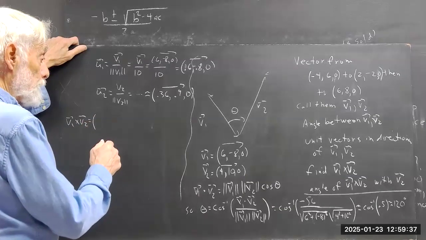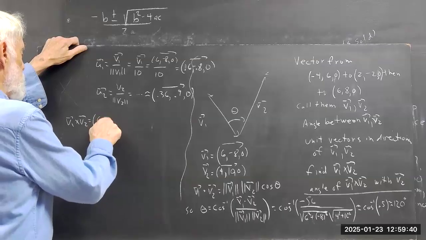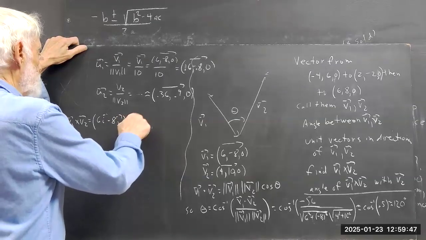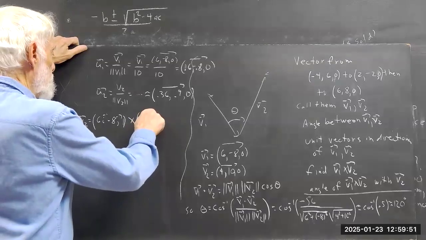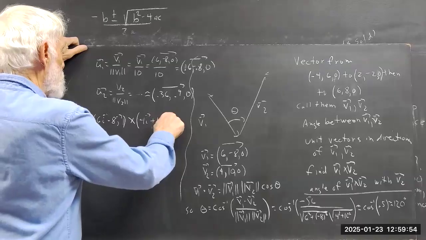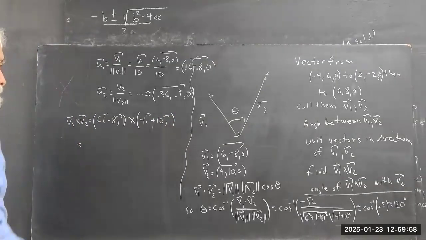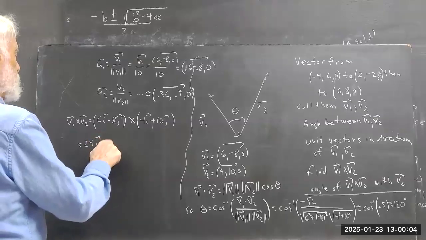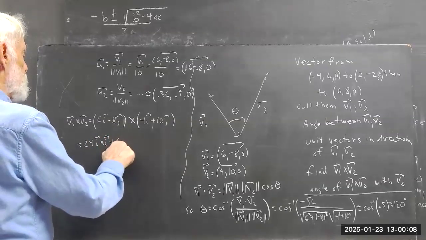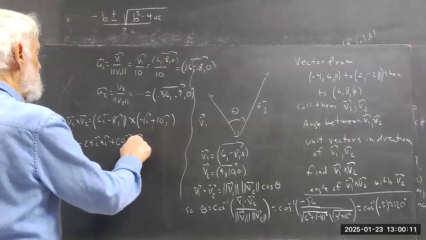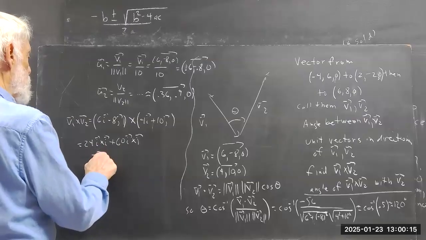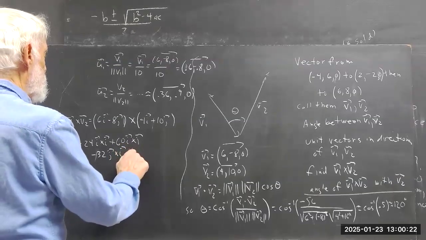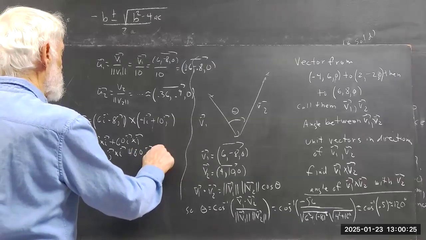It's going to be (6i minus 8j), and there's no k, so I don't have to write out a k component, crossed with (4i plus 10j), which equals 24 i cross i, using the distributive law, plus 60 i cross j, minus 32 j cross i, minus 80 j cross j.